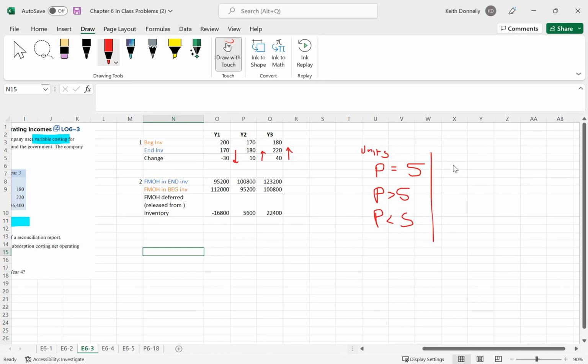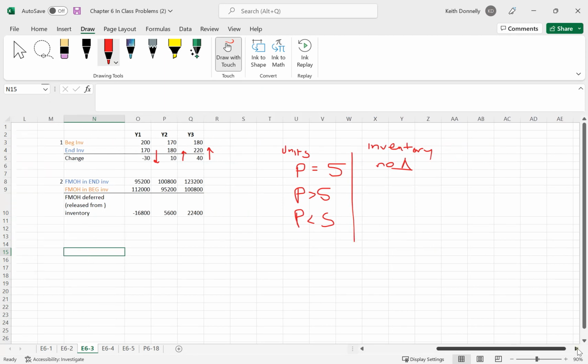The idea with this is it will affect our inventory. If we produced what we sold, we're going to have no change in our inventory. If we made more than we sold, our inventory is going to increase.